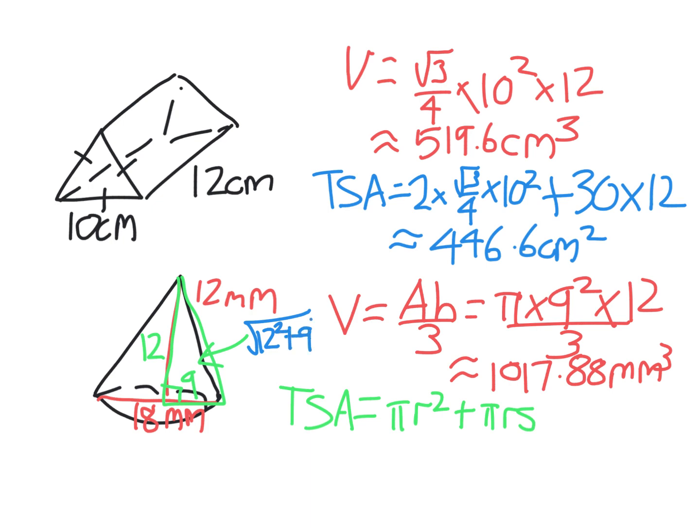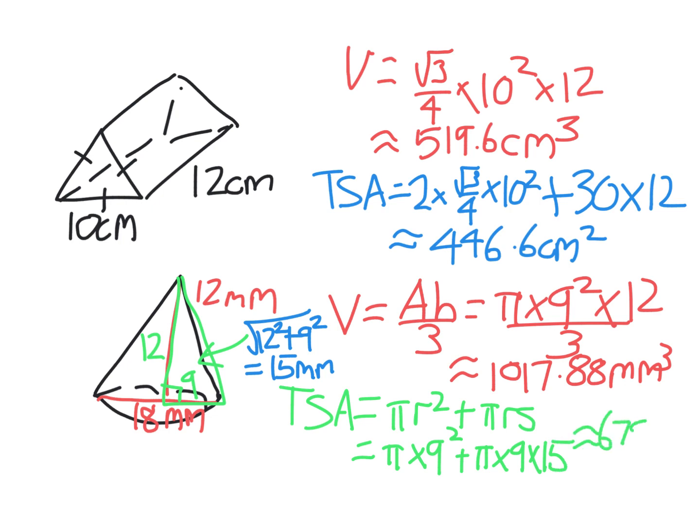So we add in Pythagoras when finding the length of a longer side. So that will actually be 15 millimetres. So the total surface area of this cone is pi times radius squared plus pi times radius times slant height. And to 2 decimal places, that's about 678.58, and surface area is always in units squared.